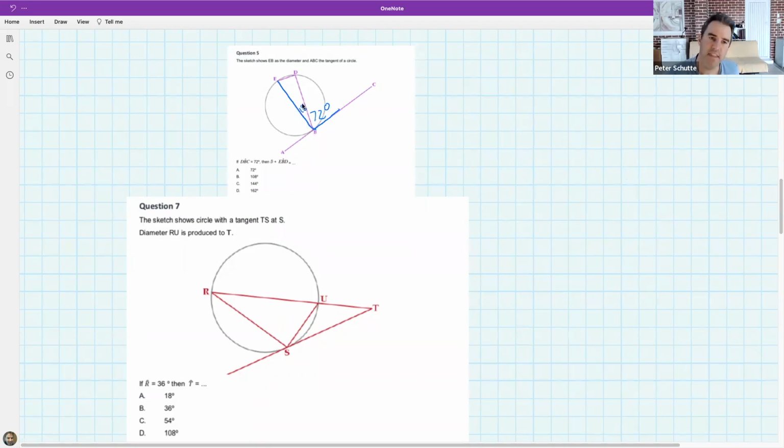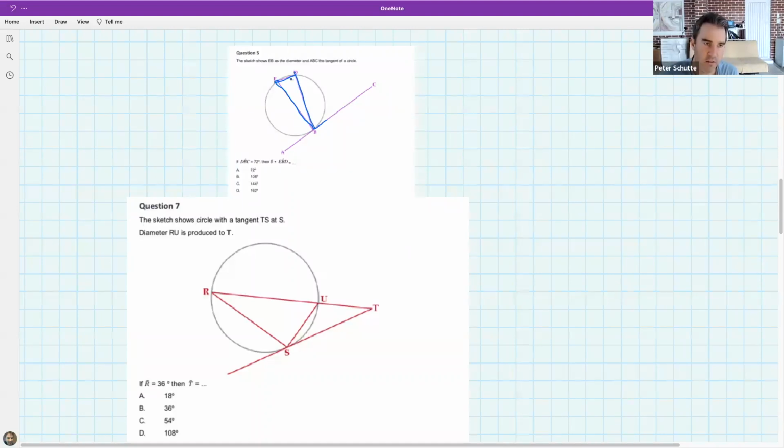Okay, then from that point, Tandakile, think about using the tan chord theorem on this bit here. Here's the tangent, here's the chord. So whatever angle is made between the tangent and the chord must be equal to the angle formed over here.